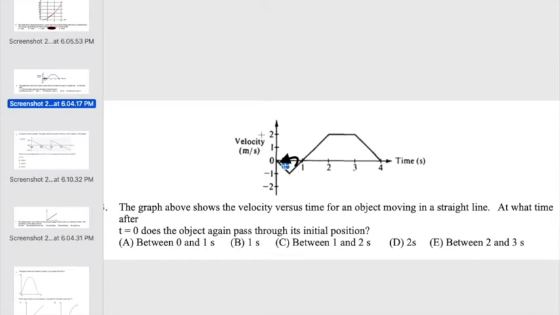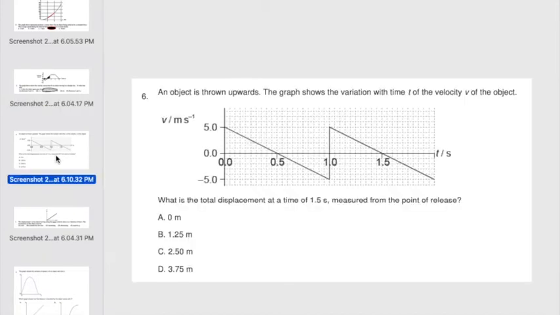And it's going to pass through its initial position when the displacement forward is going to equal the displacement backwards. And so if we look at this right here, at that point, I would say these two regions of space are about equal. And so between the first and the second second is when this object is going to pass through its initial position.